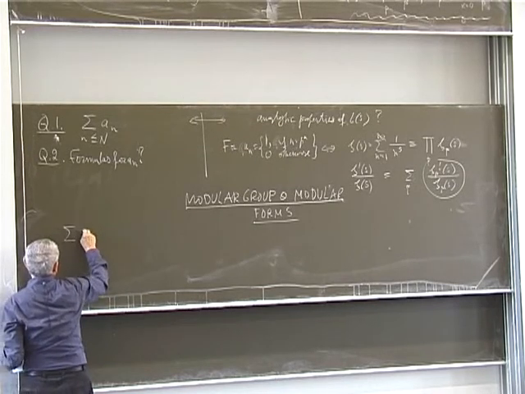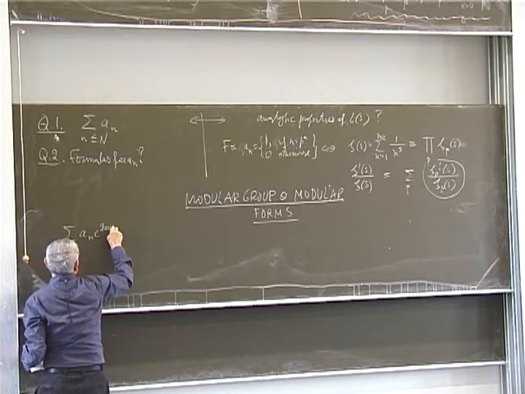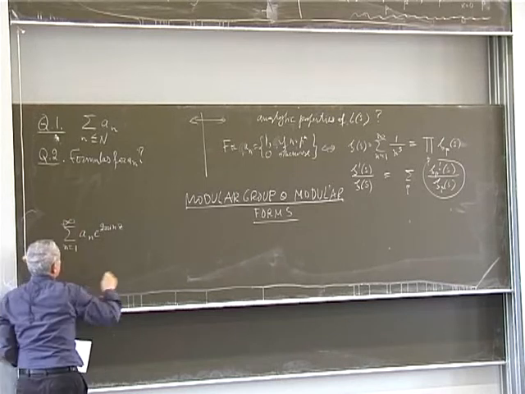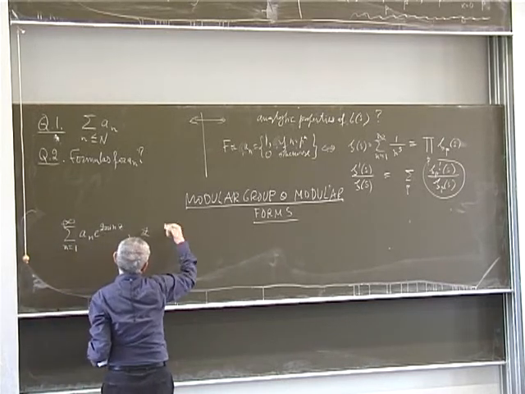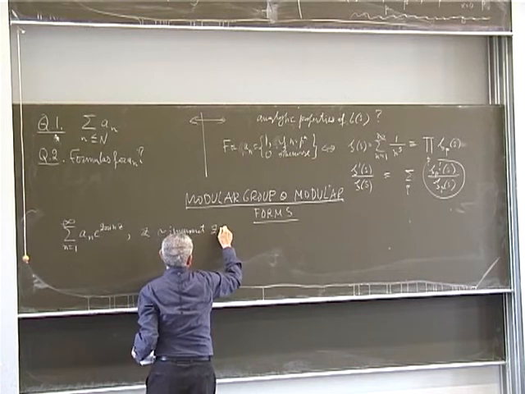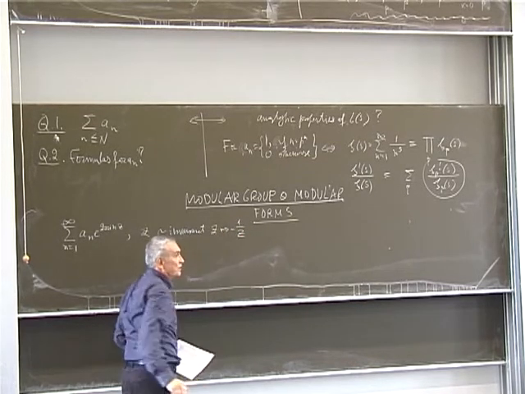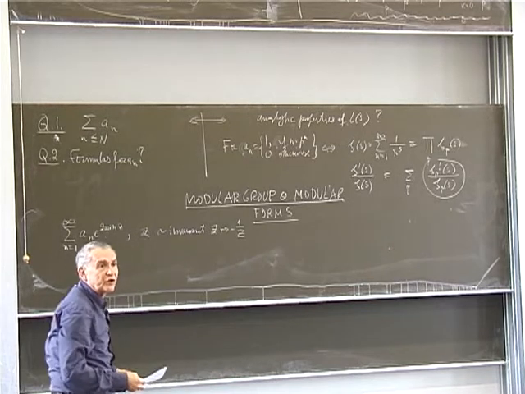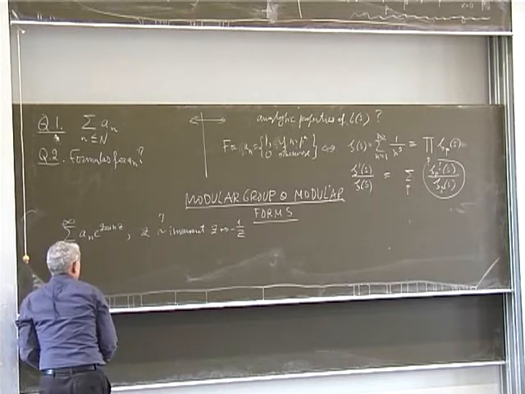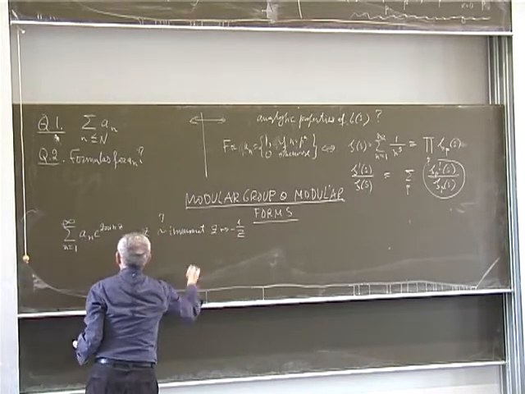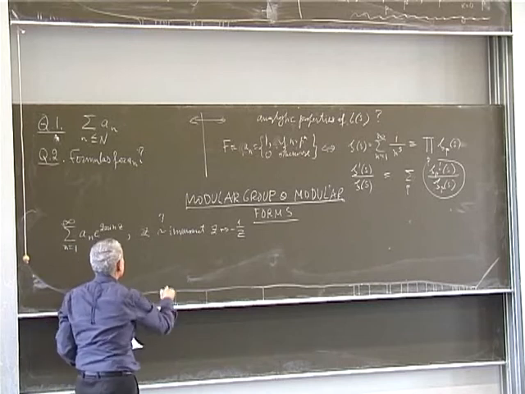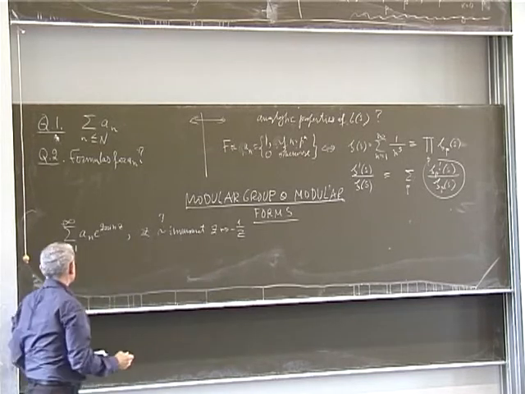Namely, I have been considering Fourier series of this kind, and I want them to be invariant or almost invariant with respect to the transformation which I have introduced, just because I wanted to explain where you get functional equations for such series from. So this property, of course, already puts some restrictions upon the series I will be considering. I must say precisely what kind of invariance I want.